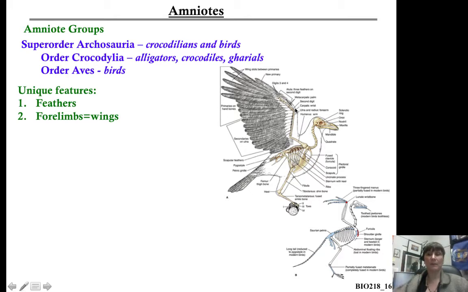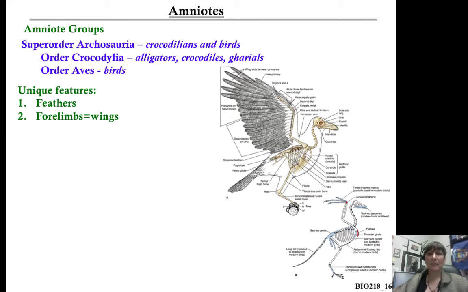Most of them have been lost. And feathers are attached to the skin that's attached to the forelimbs. They have a very large sternum. It's large because they have huge muscles attached to the sternum, and those muscles are the ones that govern the wings and move them up and down.